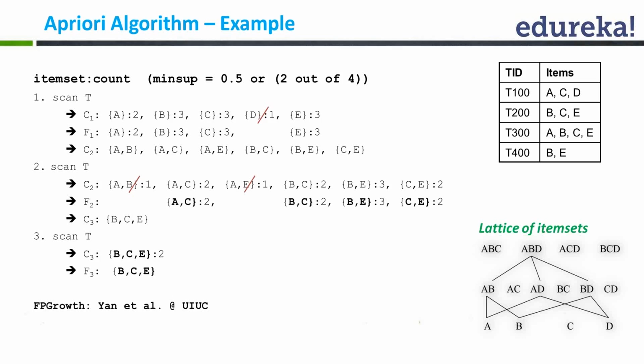So, ACE can never occur 50% of times. Okay? So, that means in order for something to be a candidate, all its subsets should be frequent. Only then can something be a candidate. And that's why you don't generate ACE in this particular case.